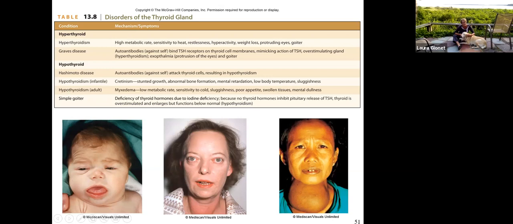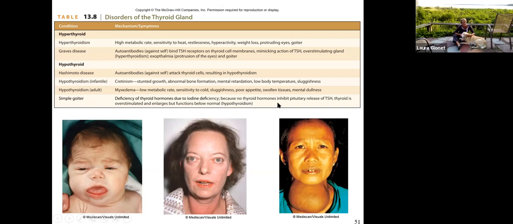I think they're good to review, and what the difference is between the autoimmune disorders and the other disorders. For instance, a simple goiter. A goiter just means you have a swollen or enlarged thyroid gland. But you can have what's called simple goiter, and that's usually due to a dietary insufficiency of iodine.